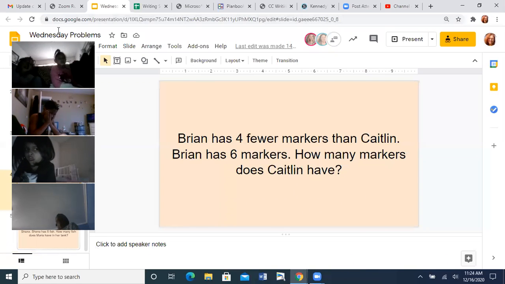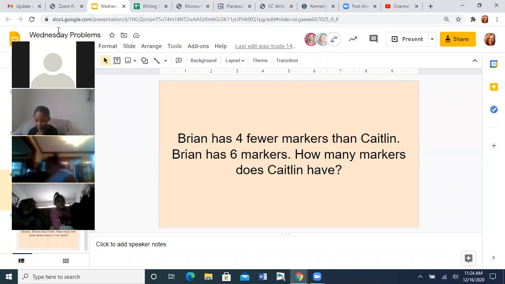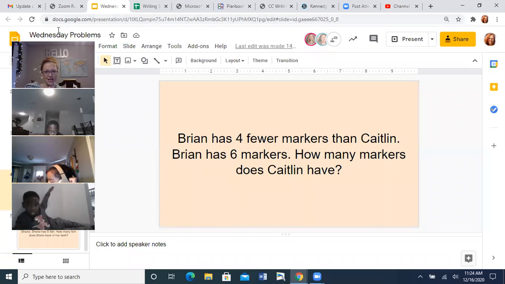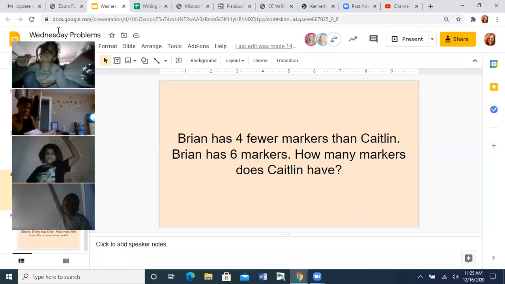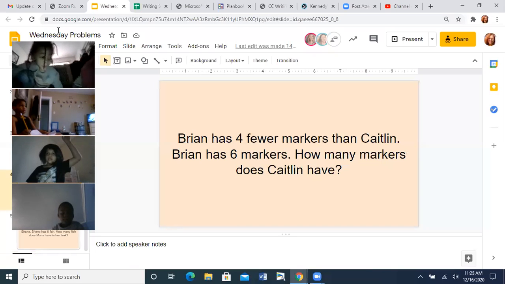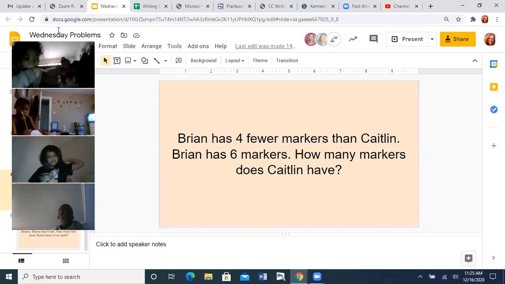Ooh, there's a new word in there. There's fewer. What does fewer mean? Raise your hand. Sayer, stay focused, bud. What does fewer mean? Anybody? Prince, what does fewer mean? Minus. Minus, what else does it mean?